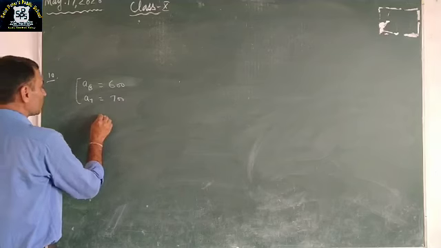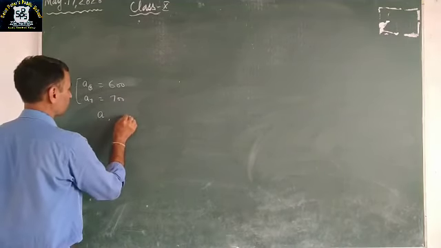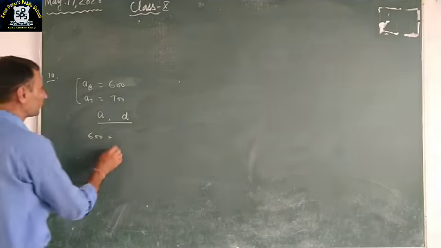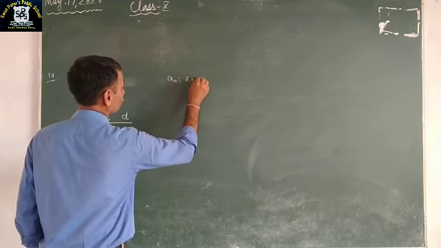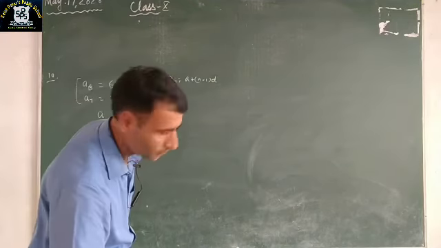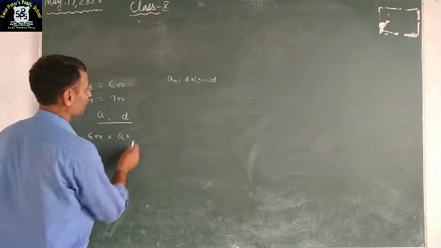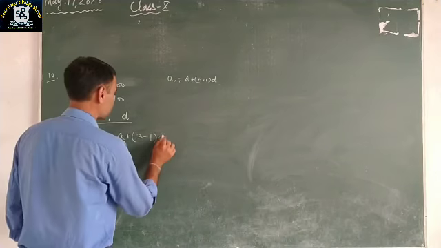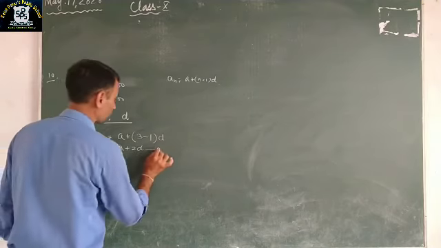So if I assume the first term of this series is A, common difference is D, then from here what we get, A3, that's 600, will be equal to, by applying the formula of An, A plus n minus 1 into D. So here A plus n, that's 3 minus 1 into common difference D. A plus 2D is equal to 600, equation first.